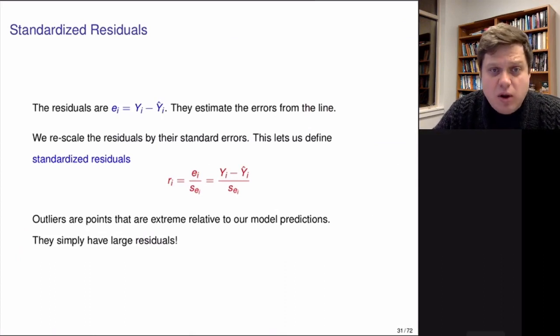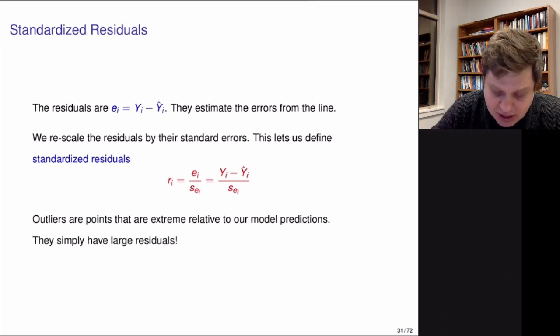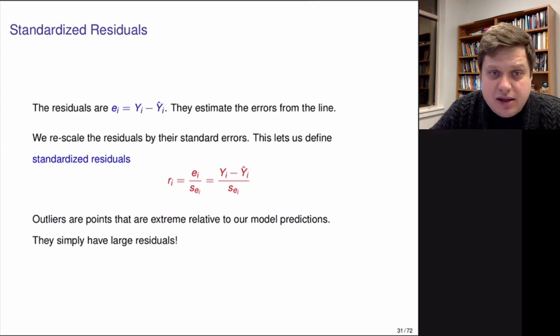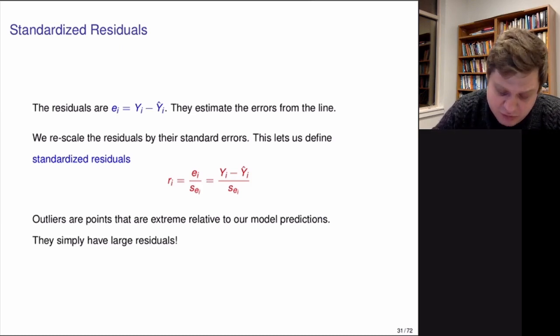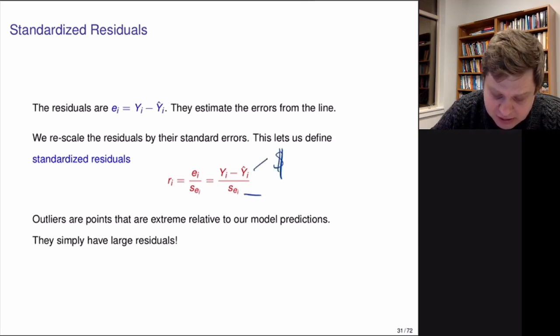And sometimes it's more convenient to look at what is called standardized residuals instead of the residuals themselves. Standardized residuals are just residuals divided by the standard deviations associated with each of those residuals. So you basically remove the scale, right? So if y is measured in dollars, then the residual will be measured in dollars as well.